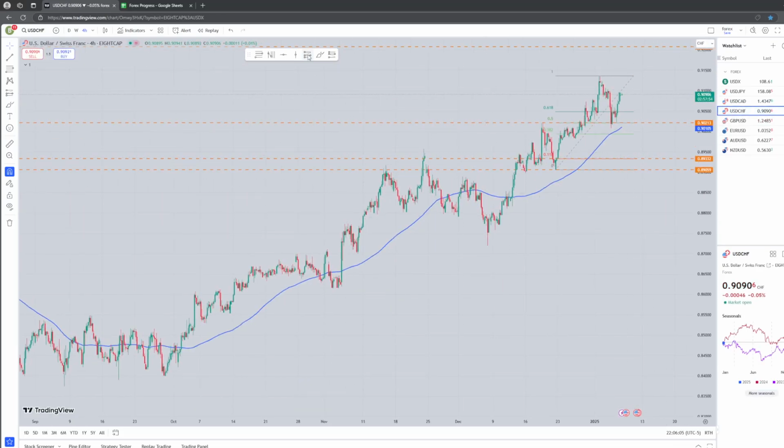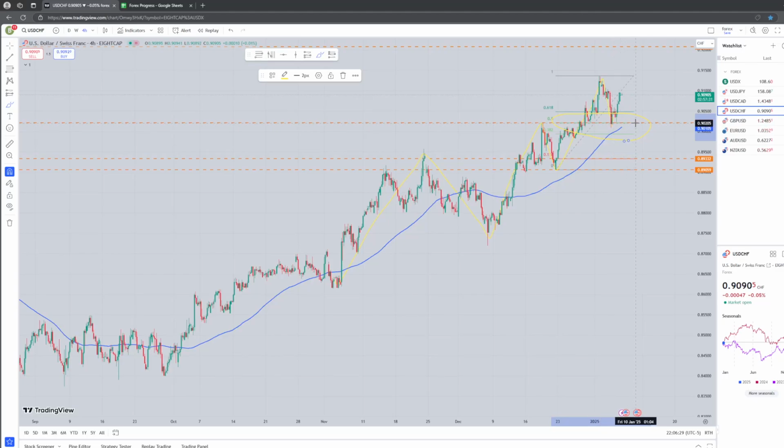Okay, USD Schweizer franc. So here we have the much better trading opportunity. We have up leg retracement, up leg retracement, up leg retracement, and market reached the 50% retracement here. And at this point I had placed my buy limit order at 50% retracement.